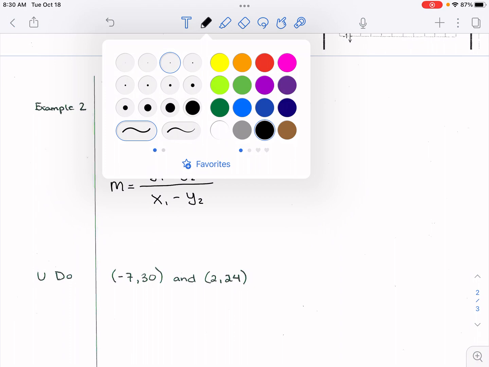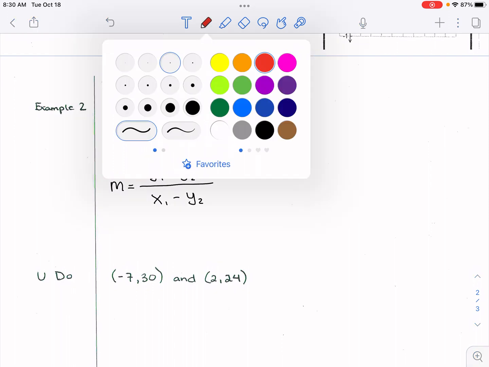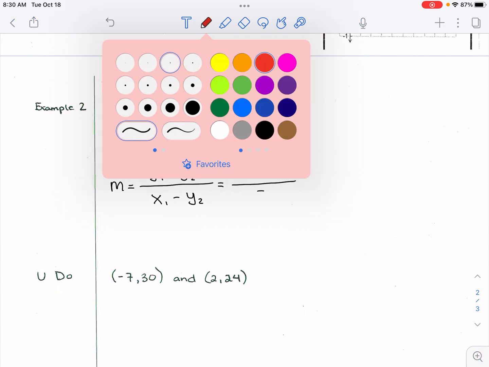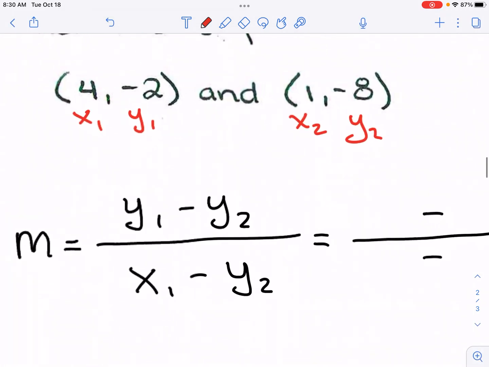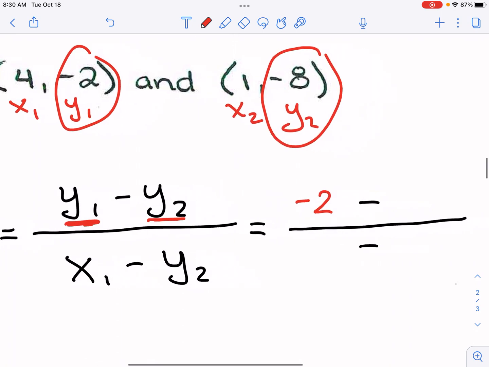All right, but let's label this x1, y1, x2, y2. This is going to be slightly more complex because now we have minus signs here. Okay, I'll set up my skeleton, just my formula, and now let's plug in some numbers. y1, right, y1 right here, that is negative 2. y minus y2, y2 is a negative 8.